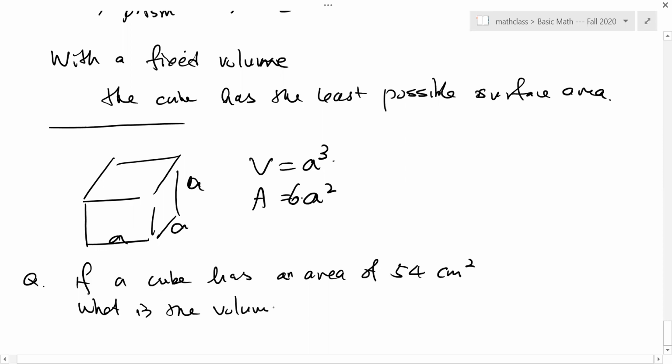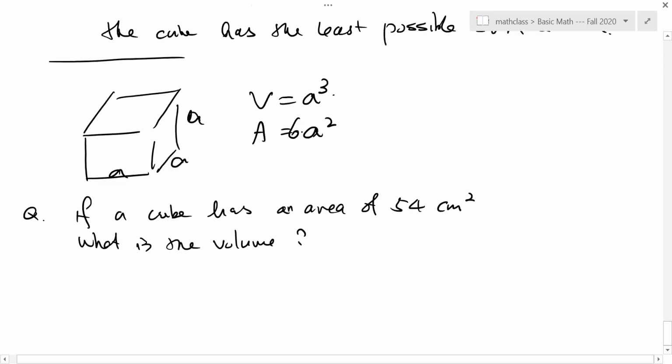Can you figure it out? Because the shape of the cube is uniquely determined, right? Right. So how do you do that?